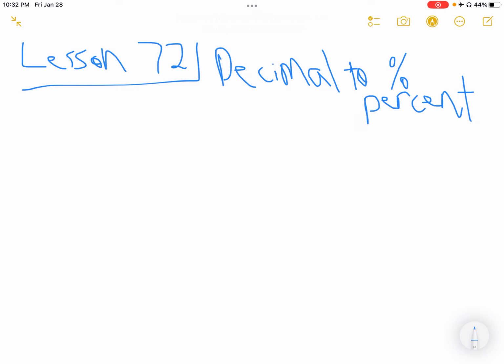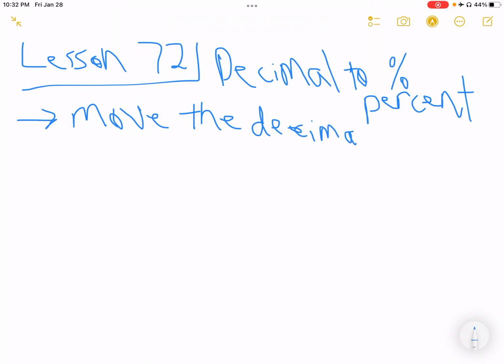Okay, so the only real procedure here is that you move the decimal point 2 places to the right.